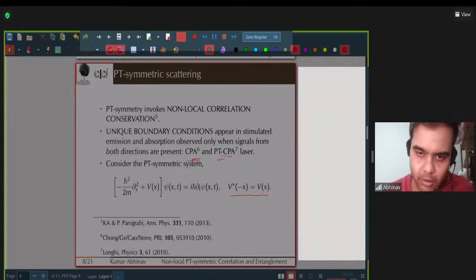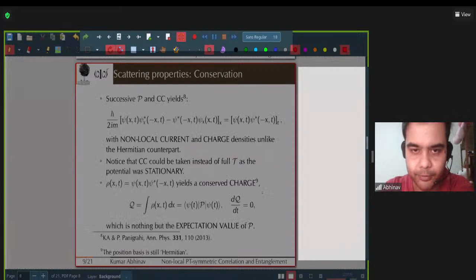Under space reversal parity, x goes to minus x, and because there is no time, the only thing you can do is take the complex conjugation, so there is a star. The potential is unchanged under that. So it's a non-Hermitian system, a PT symmetric system.